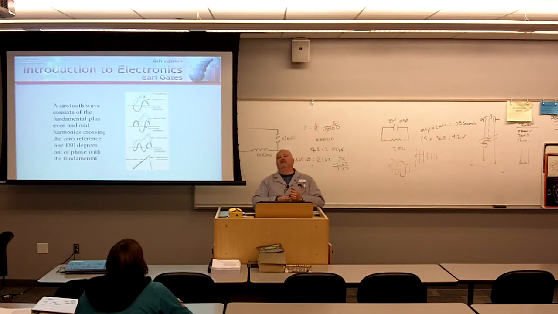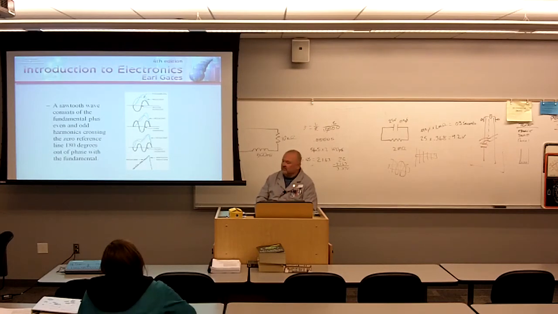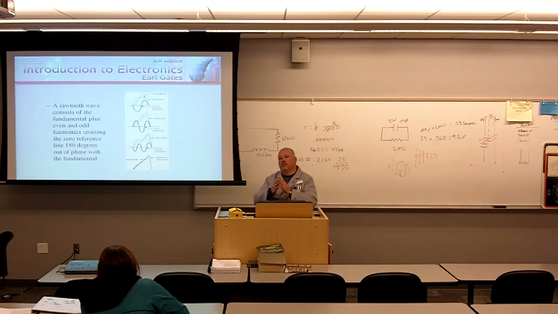And what may appear to be a sawtooth waveform on your oscilloscope, when you really zoom in on that, you may see that there are little ripples there, and it's actually made up of these different waveforms. One of the ways of looking at this as well is on a spectrum analyzer. An oscilloscope looks at time versus amplitude.